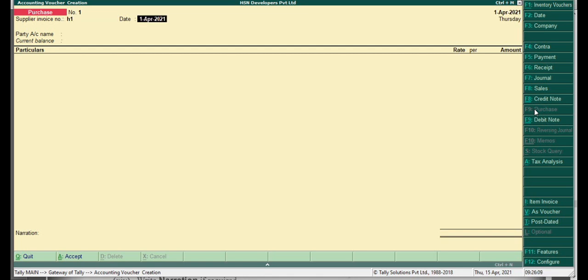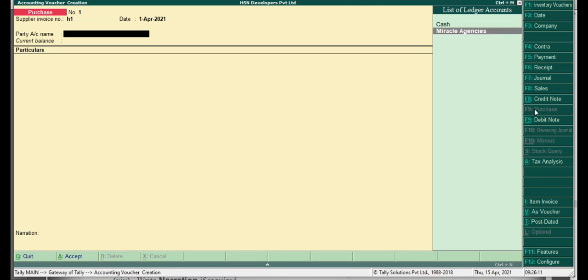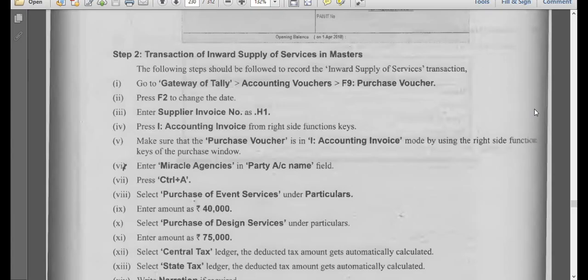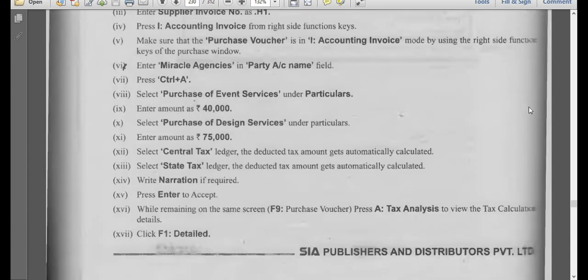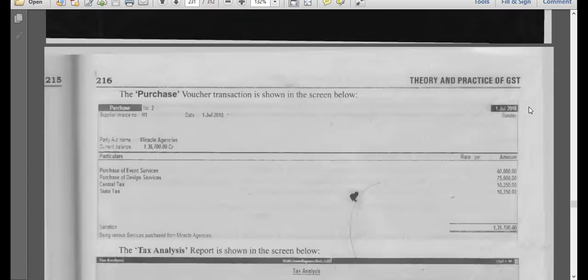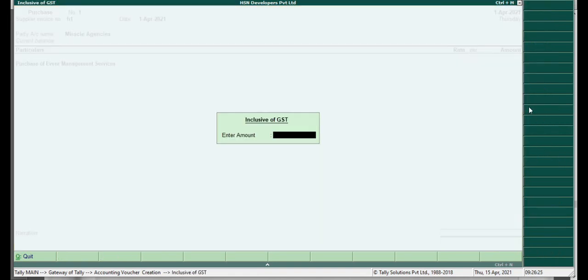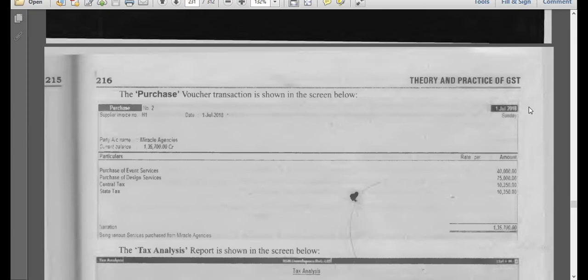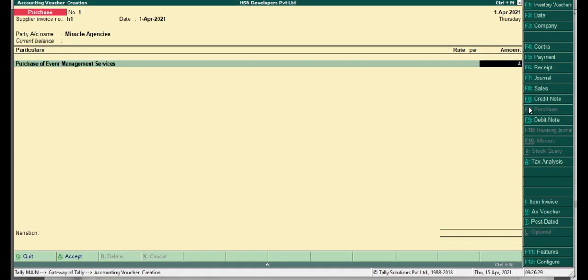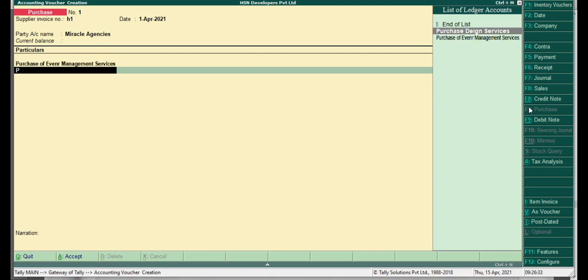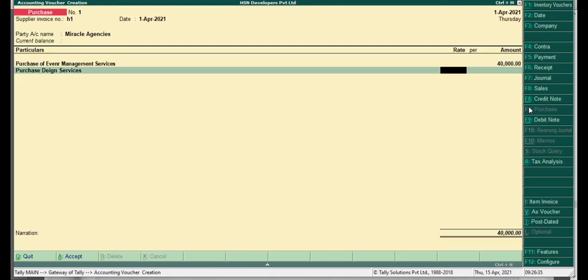Invoice number is H1. Party name is Miracle Agencies. Select purchase of event management services, event management 40,000. Next, purchase of design services, it is 75,000.